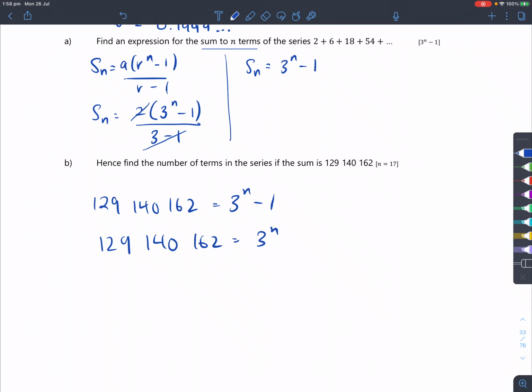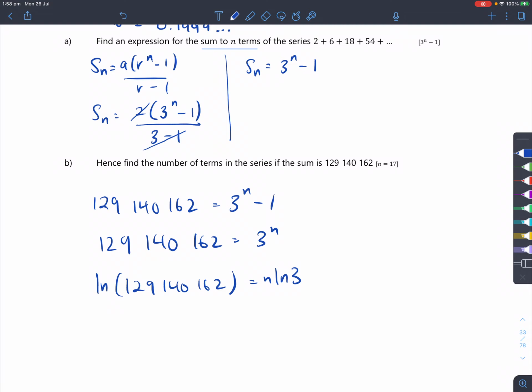Now if I log both sides, so log of 129,140,162 equals log of 3 to the power of n. You know that I can move that n down and then divide both sides by log 3.